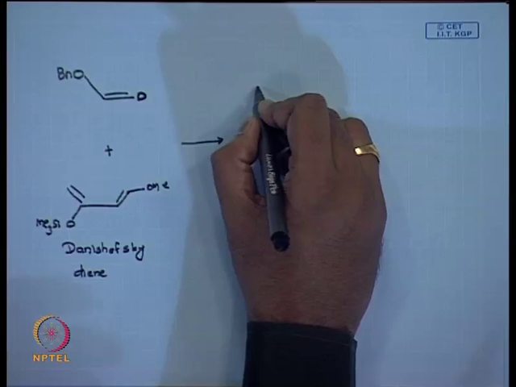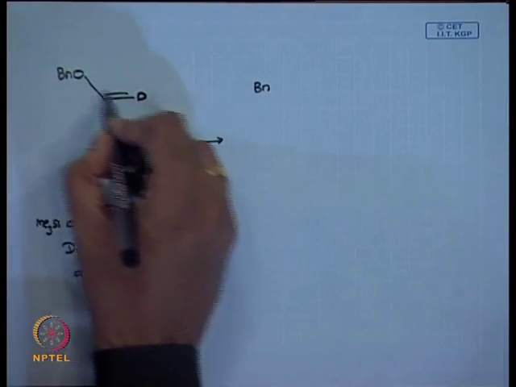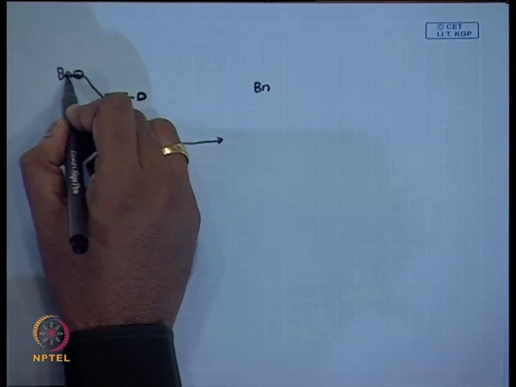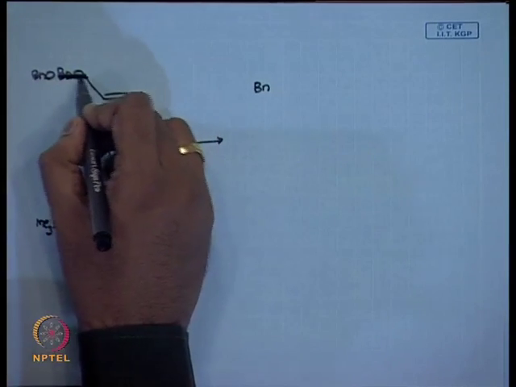Because again it gives you a selectivity, sorry, there is a change in your dienophile. Okay, it should be OBn, there is a CS2, fine.